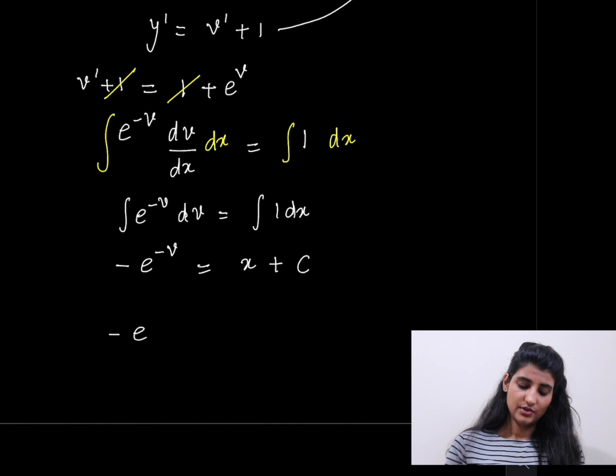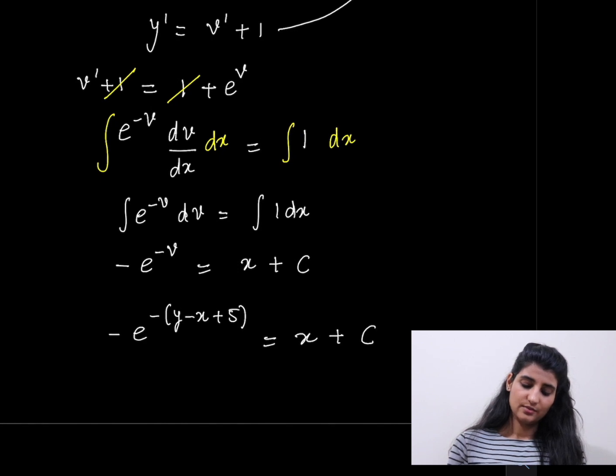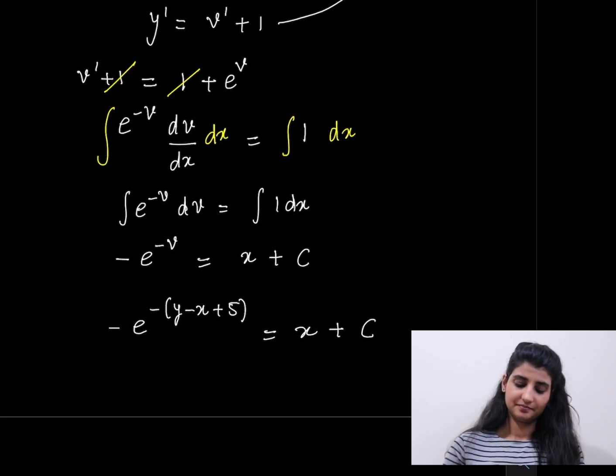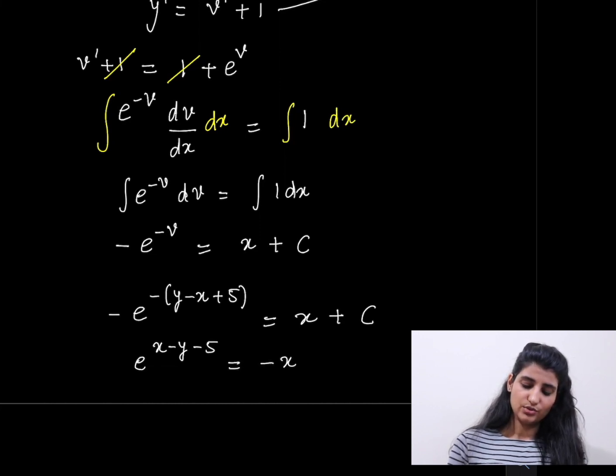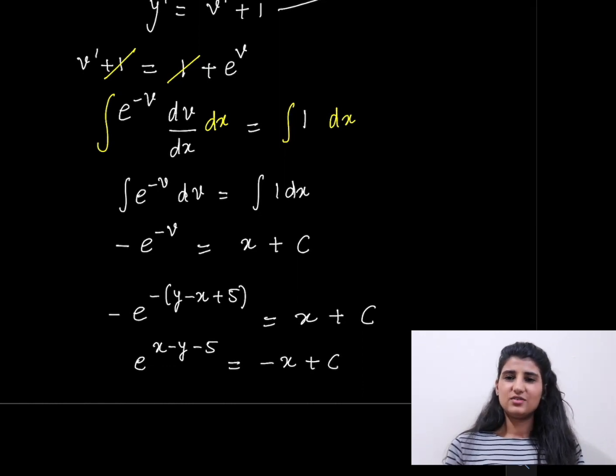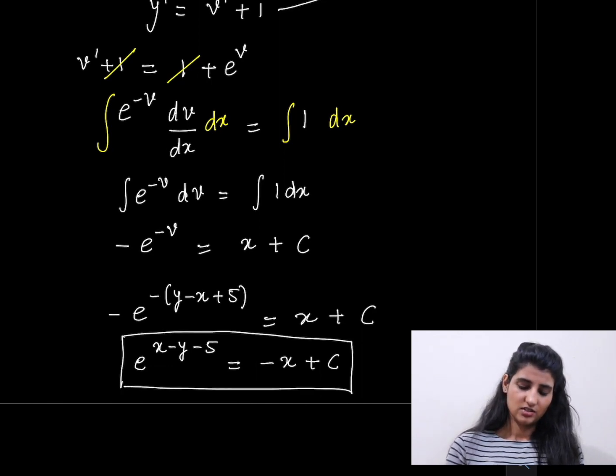So negative e power negative y minus x plus 5 equal to x plus c. So e power x minus y minus 5 is equal to negative x plus c. This will be negative c, but negative c is also a constant, so we can just say it's c. So this is our solution.